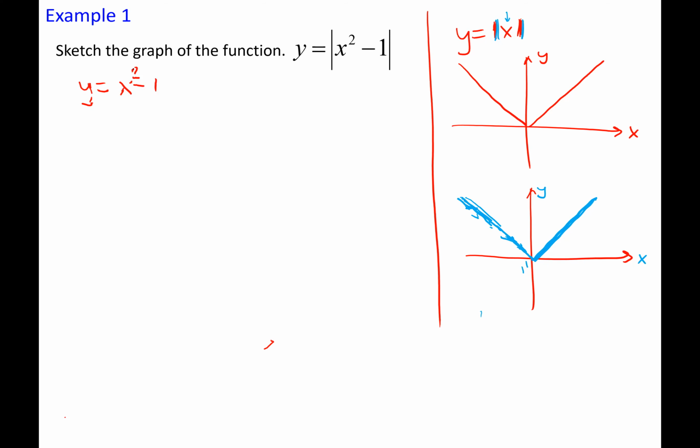We know the parabola x squared, and we will just shift it 1 unit down.